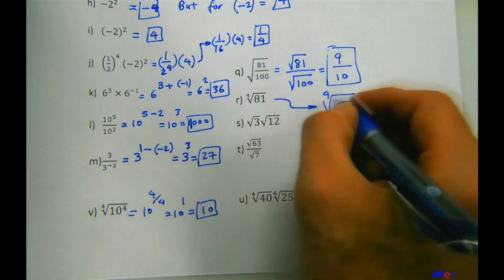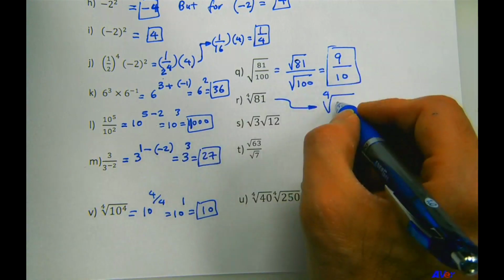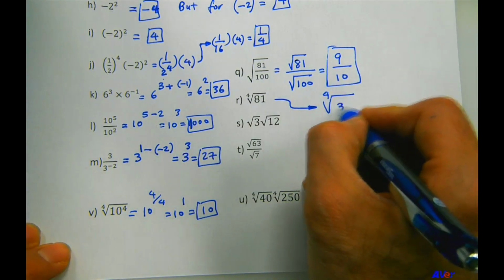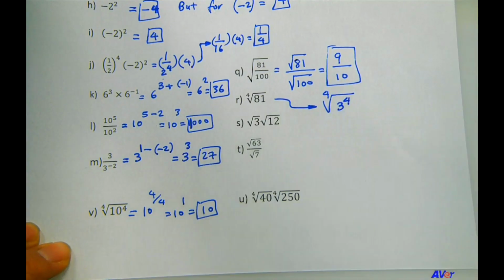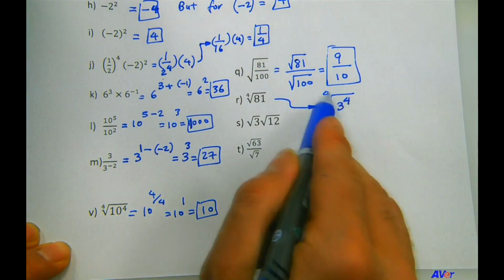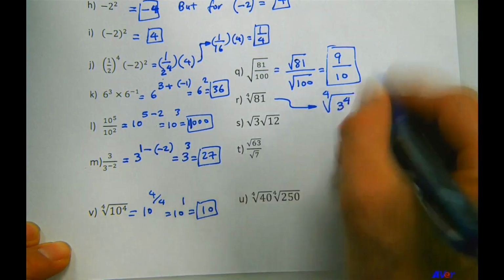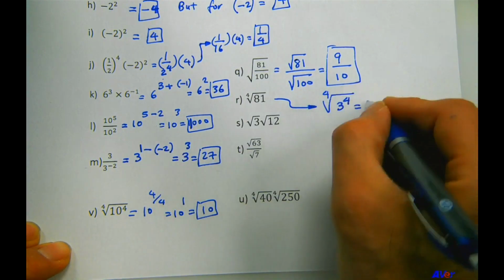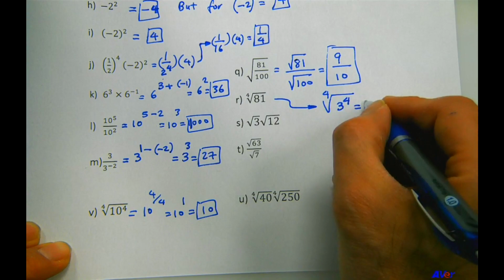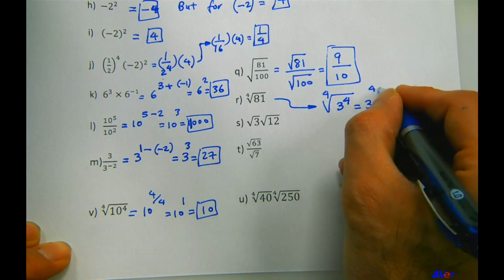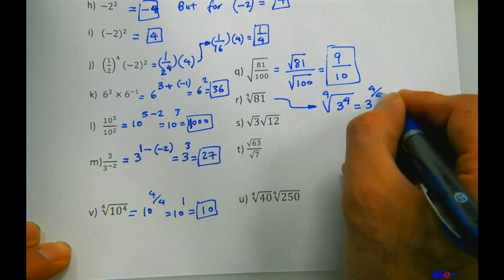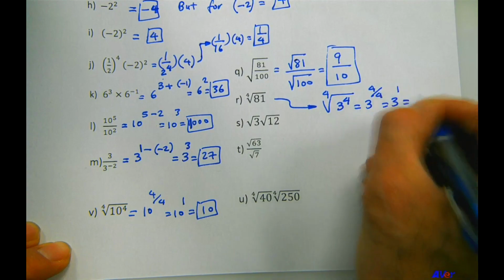Fortunately, we can write 81 as 3 to the 4th power. So now that power is equal to the index. Remember, we can rewrite them as rational exponents, right? So 3 to the 4 over 4 power, 3 to the 1st power, or 3.